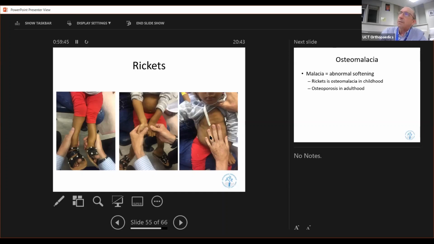I haven't shown you the frontal bossing. In the dietary type rickets, the child is also stunted and often quite irritable. This child is also stunted, by the way, but this is not a dietary rickets, and we're going to get into what sort it is shortly.